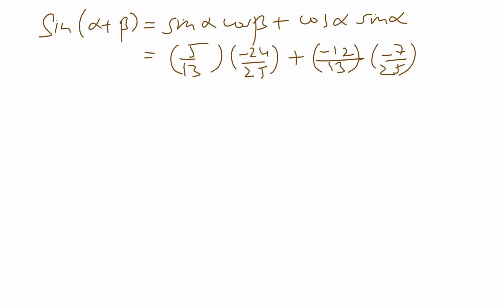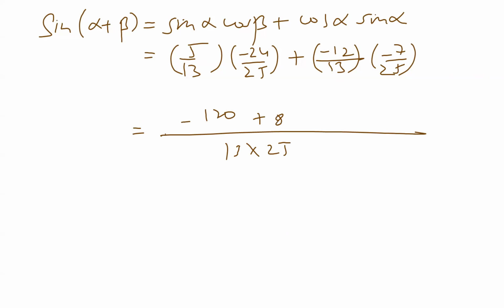These are the values. We have a common denominator over here, 13 into 25. So this is minus 120 and this is plus 84. So 120 minus 84 is 36, so minus 36 upon 13 into 25. 13 into 25 is 325.